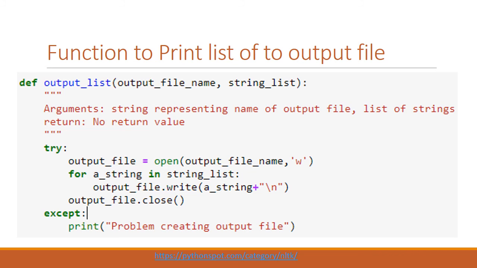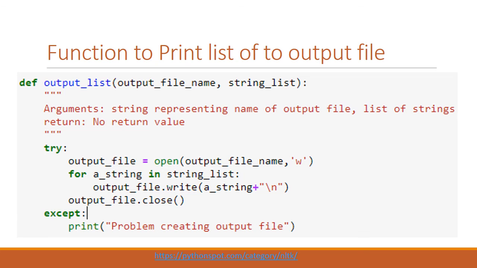First thing we do is we open our output file and we assign it to the output file handle. Then we process through our list of strings, and for each string in the list, we write it to our output file. So we do output file.write, and we pass it in that string.